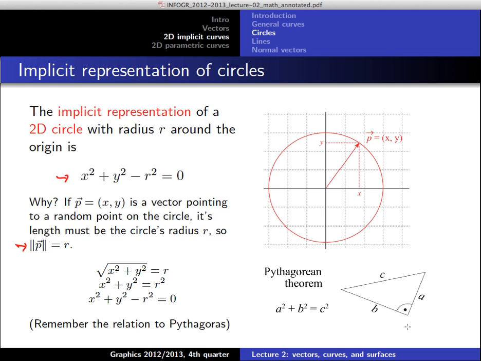Alternatively, you could have used the Pythagorean theorem, which we also used in relation to the length of vectors, which is of course only defined for triangles. But if you go here, then you have negative values, but because we have this to the power of 2, it doesn't matter. So you can also use Pythagoras here and come up with the same equation.